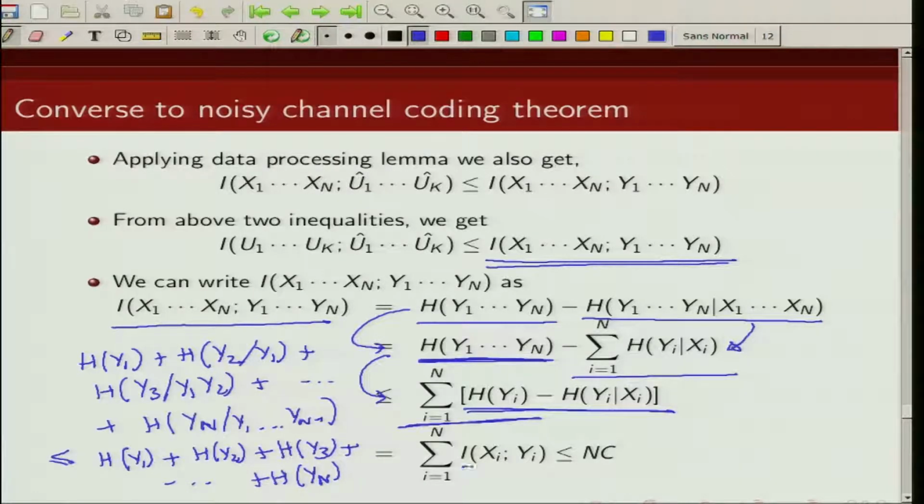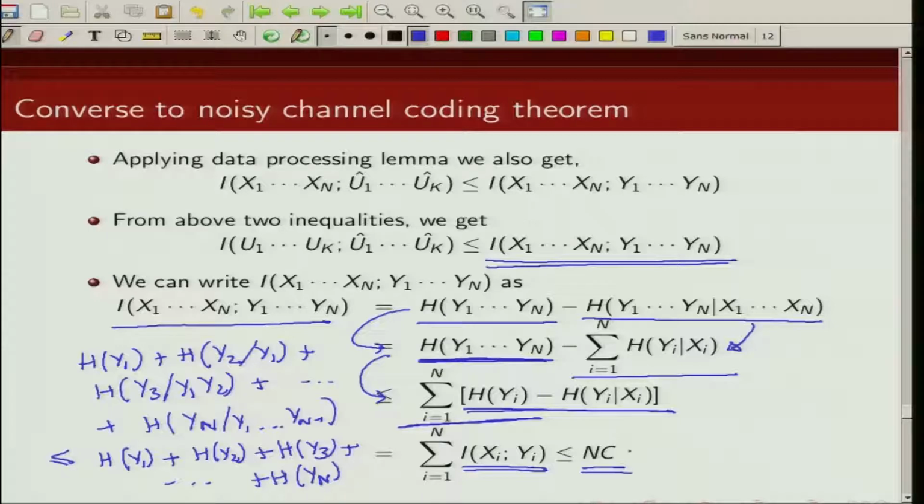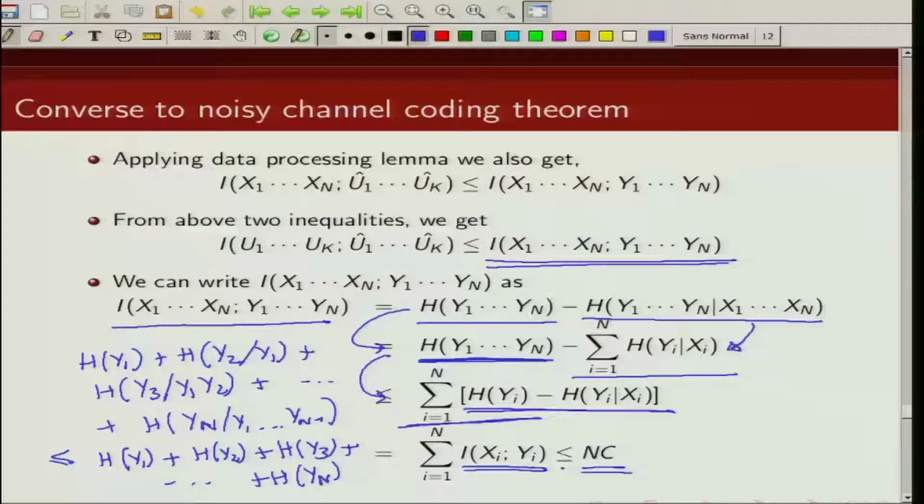So I can write this as mutual information between xi and yi, and each of these is less than channel capacity. So then mutual information between x1, x2, x3, xn and y1, y2, y3, yn is less than or equal to n times C.